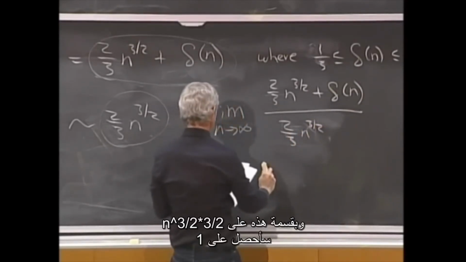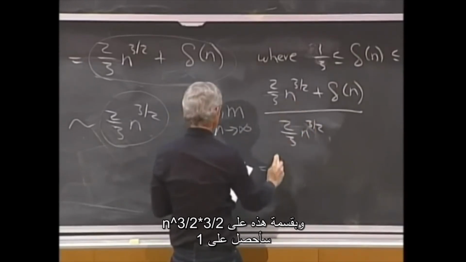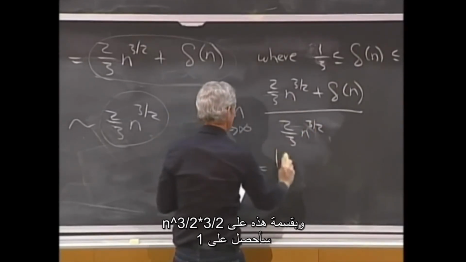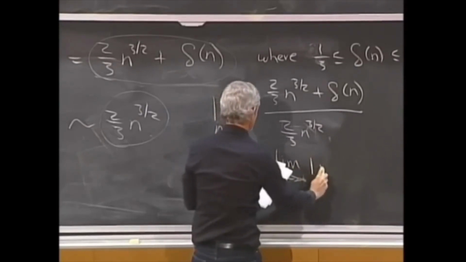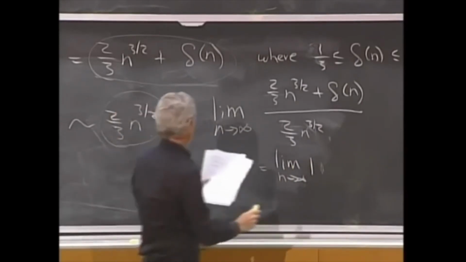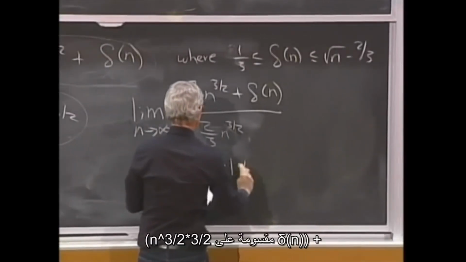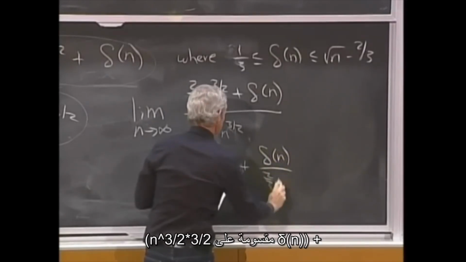Well, that equals, divide out by 2/3 n to the 3/2, I get a 1 plus delta n over 2/3 n to the 3/2.